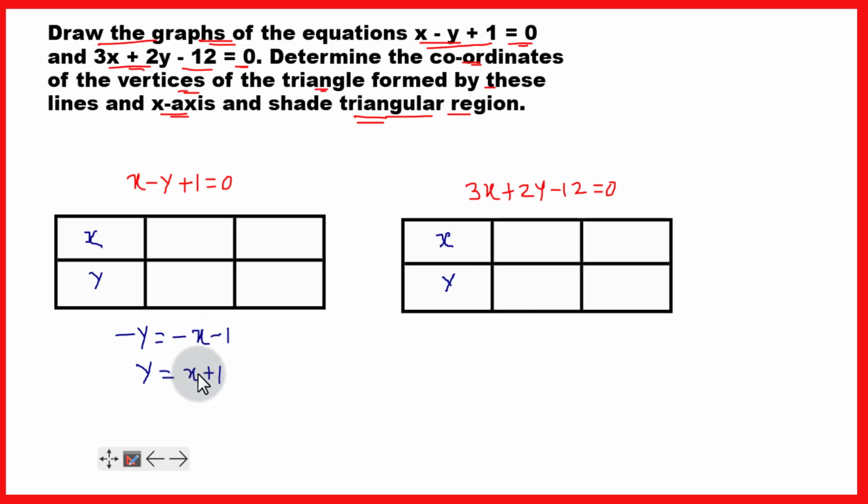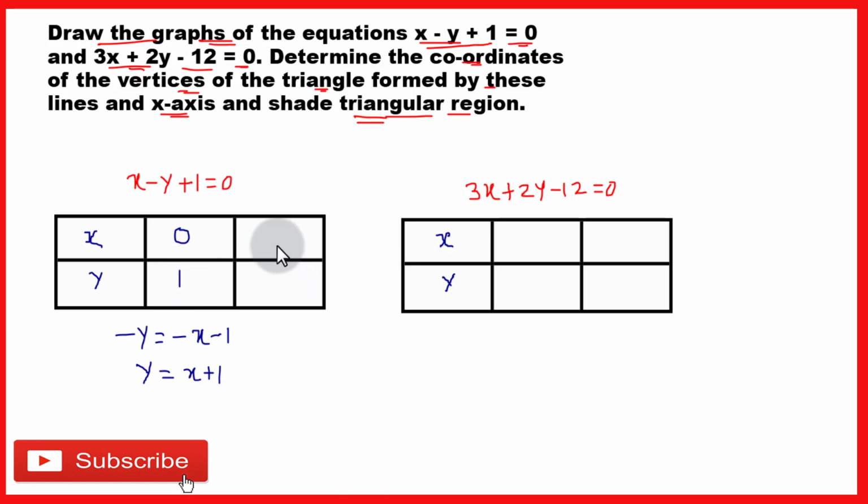Now we will consider values of x and find the corresponding values of y. If I take the value of x as 0, it will be 0 plus 1, that will be 1. So when the x coordinate is 0, the y coordinate will be 1.